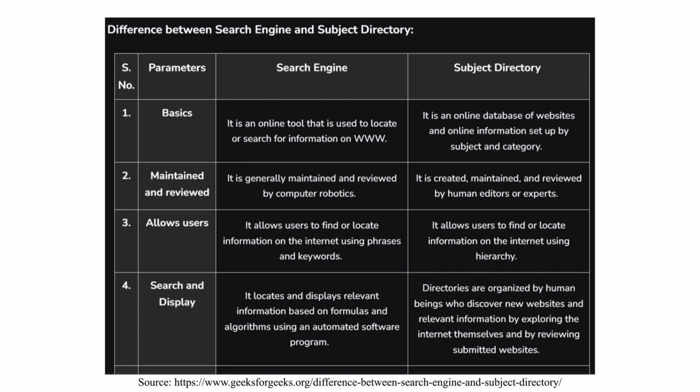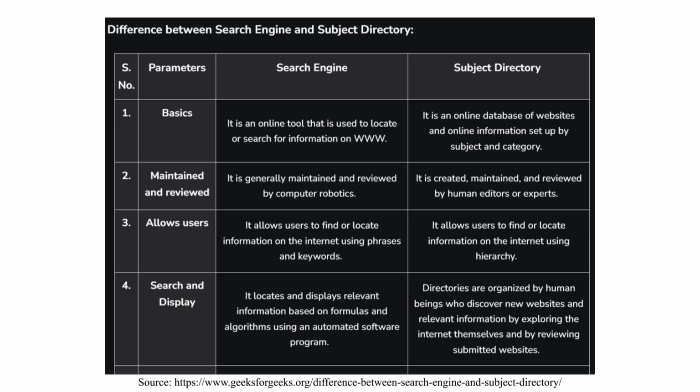A search engine allows users to find or locate information on the internet using phrases and keywords, whereas a subject directory allows users to find or locate information on the internet using a hierarchy. That is the difference.